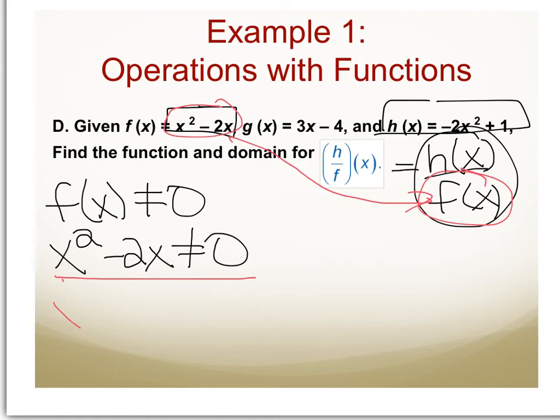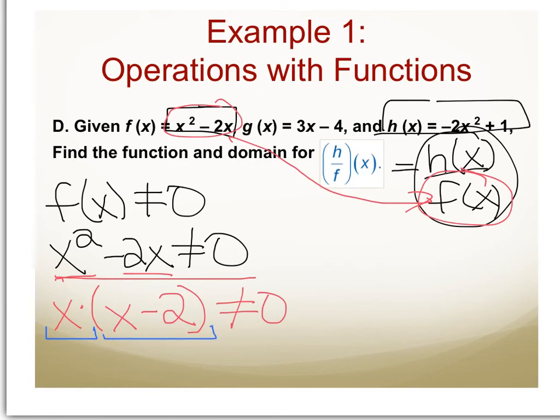I can solve this by factoring. Both terms have a common factor of x here, which leaves me with x minus 2. So I have x times x minus 2 cannot equal 0. And if we use the zero product property, since I'm multiplying these two factors together and don't want them to equal 0, that's telling me that x cannot equal 0 from this factor.